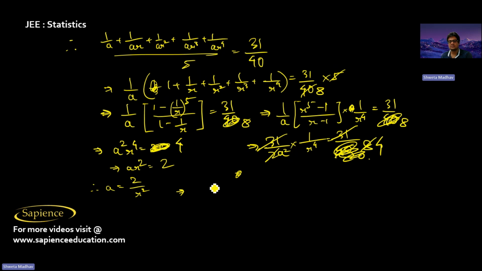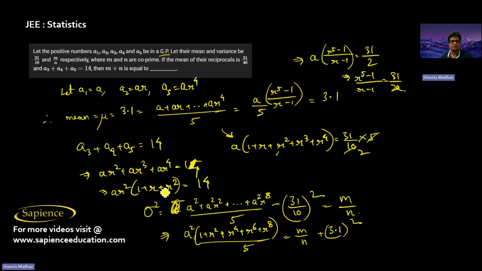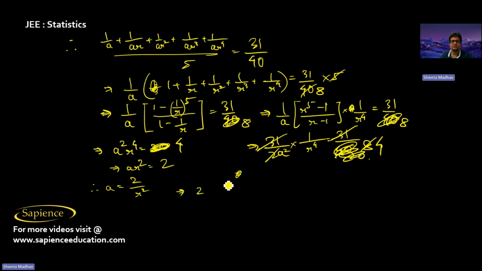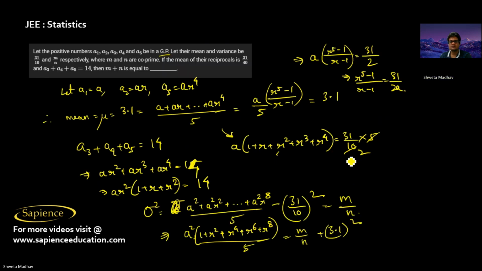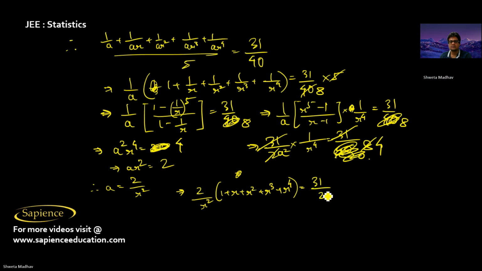So therefore, I can say 3r square is 2. From here, if I put a as 2 by r square, so 2 by r square into 1 plus r square plus r cube plus r power 4, that is equal to 31 by 2.